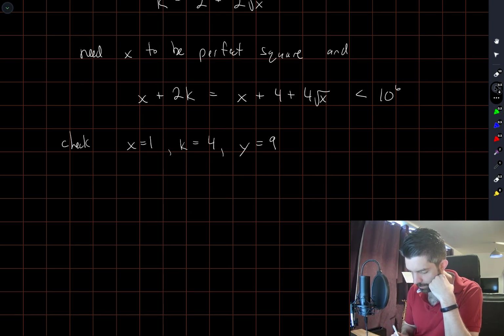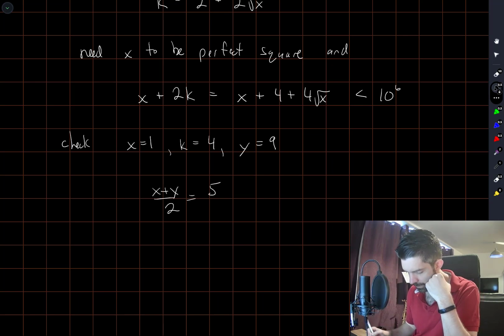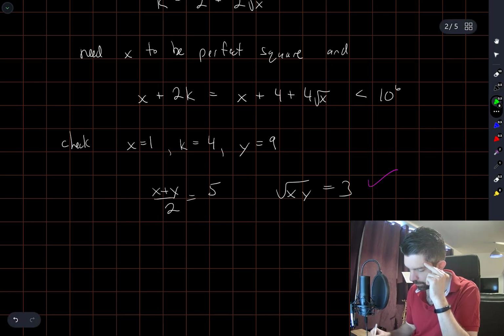Then the arithmetic mean is 5, and the geometric mean is 3. Okay, so that works.